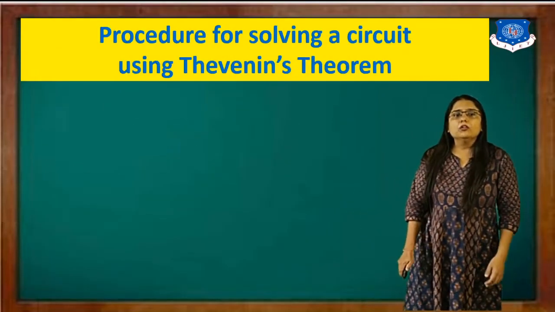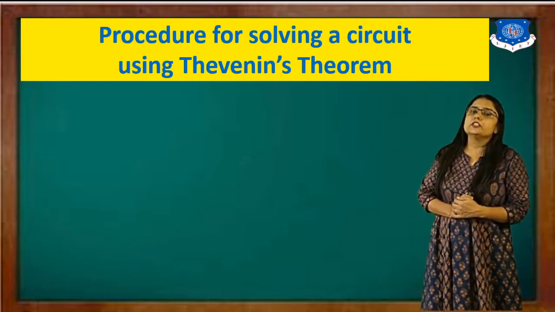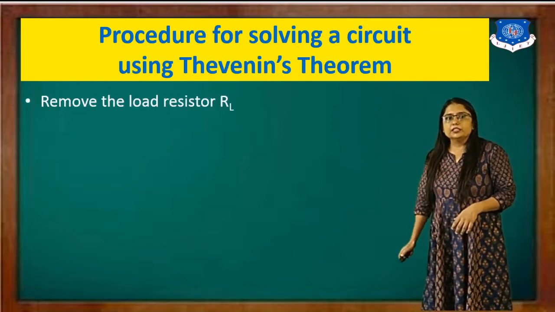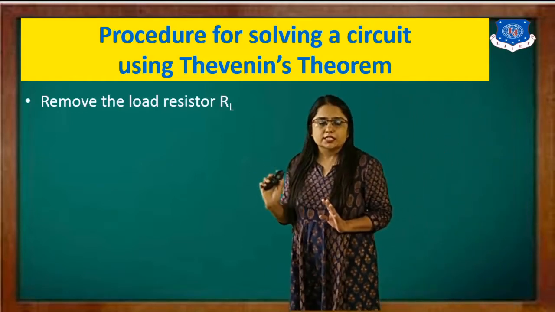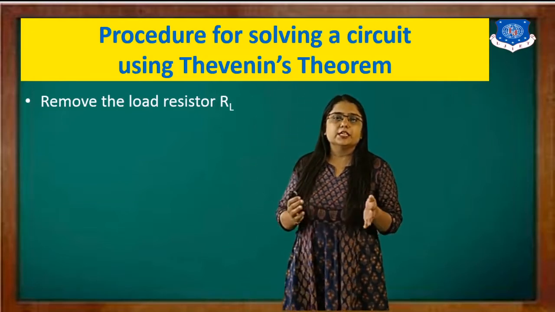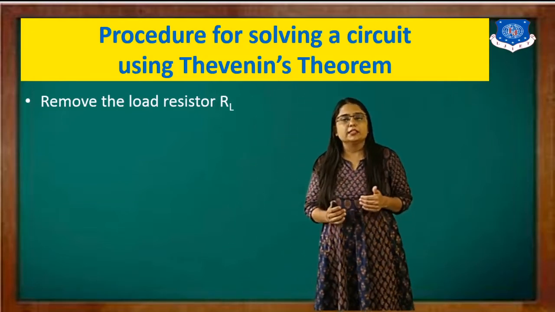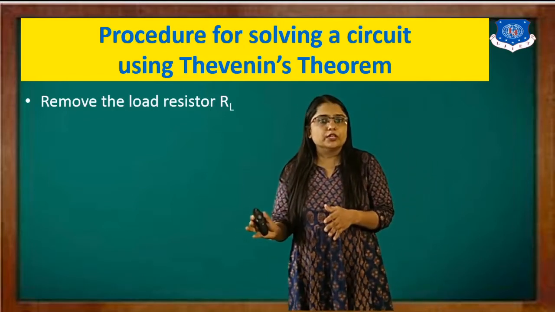Now, first we will discuss the procedure for solving a circuit using Thevenin theorem. The first step is to remove the load resistance RL. For example, a complex network is given to you and the problem statement is to find the voltage across a particular resistance.